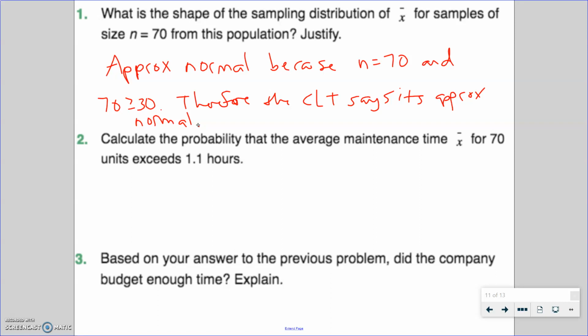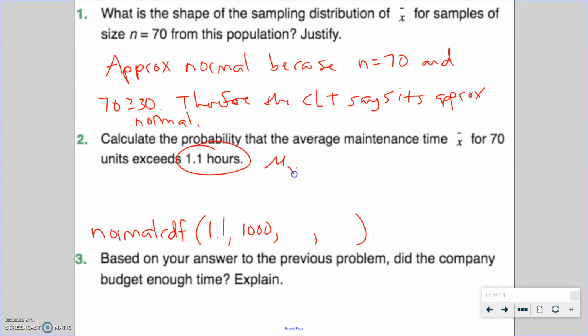All right, calculate the probability that the average maintenance time x bar for 70 units exceeds 1.1 hours. So exceeds 1.1. I'm thinking normal CDF, 1.1 comma, and then let's do like 1,000. And we've got to find the mean and the standard deviation.